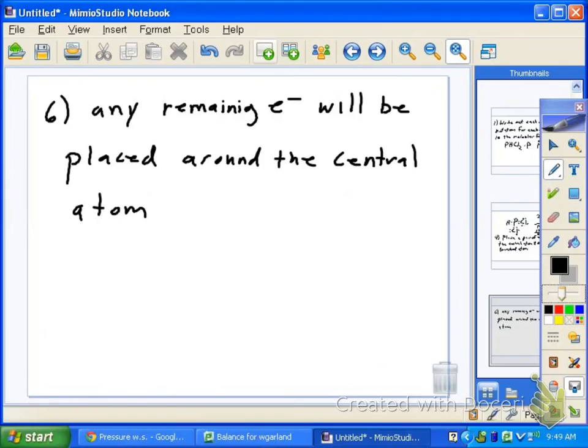And then when we do that, you're going to get 8 around it. So then everything will have 8 around it when you're done. So those are 6 steps. Tomorrow, we're going to go through what happens when we run out of electrons and not everything has 8. Everything has to have 8.